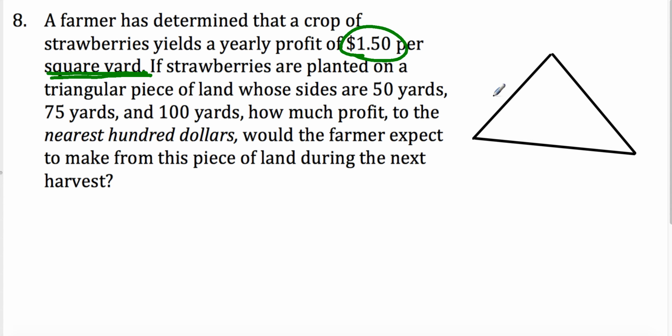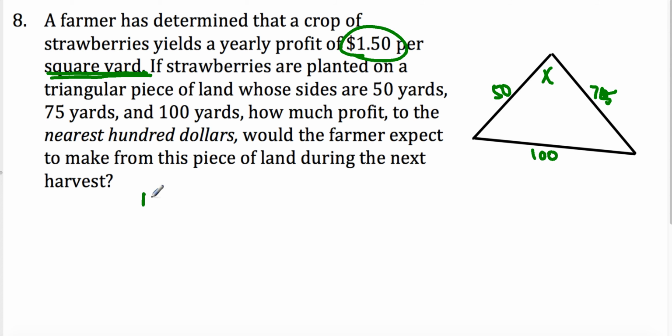So I'm going to assume that this is 50, this is 75, and this is 100. All right, then what are we going to do? Let me try to find the value of angle x here. By doing that, we should be able to find the area using that value of x. And then once we know the area, we can find the profit.